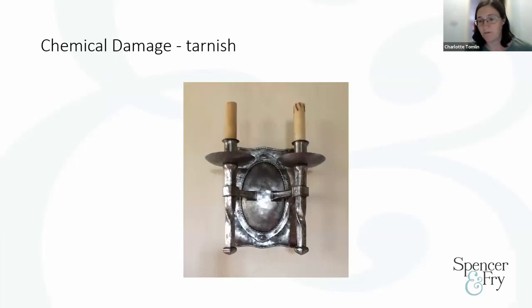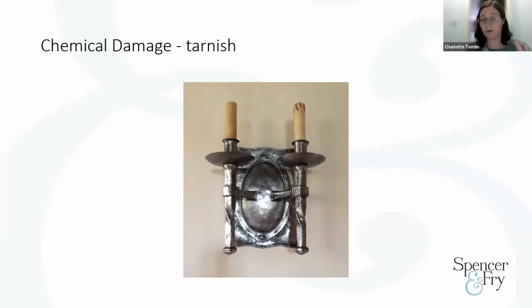And related to corrosion very closely is tarnishing of metals. So this is very much a similar process, but happens to the more noble metals such as silver and things like copper.